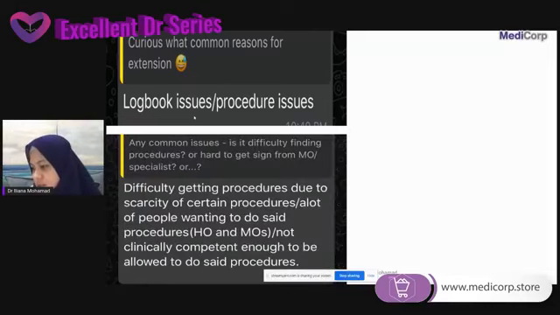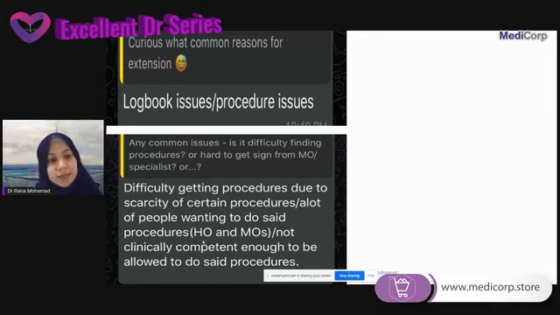Okay, next. Difficulty of getting procedure due to scarcity of certain procedure, or a lot of people wanting to do the said procedure, or clinically not competent enough to do the said procedure. Okay, so how to overcome this?